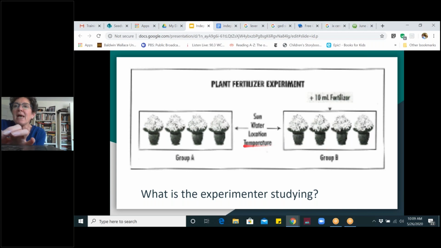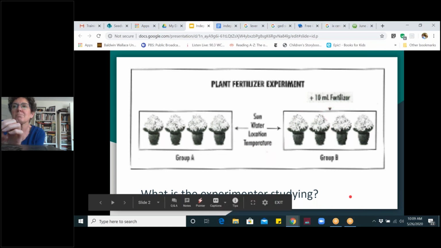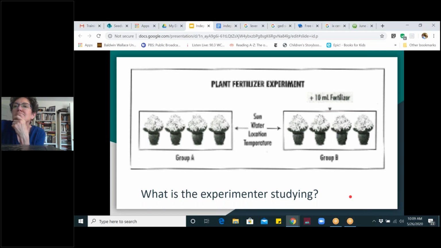And he is keeping everything the same except this fertilizer. Okay, so they're testing to see if the fertilizer makes a difference in the plants. Yes.